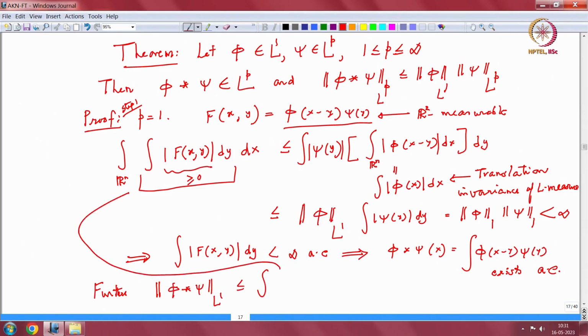That is the same as this integral, less than or equal to the modulus. I have skipped one step: the integral of phi star psi of x dx. The L1 norm of phi star psi is the integral of the modulus of phi star psi, and that modulus is estimated with this, which is estimated from here. So, this is less than or equal to norm phi at 1 times norm psi at 1. So, that case is fine.